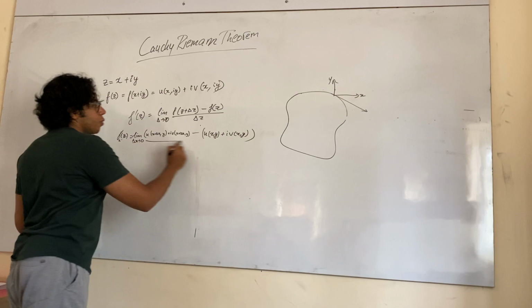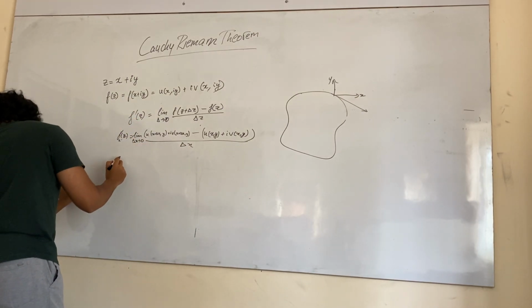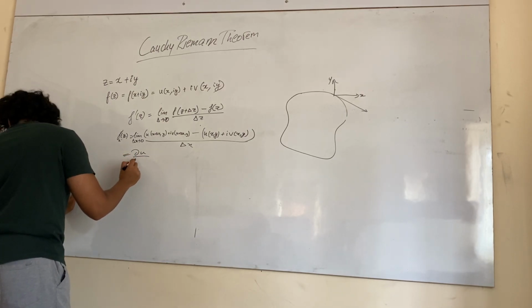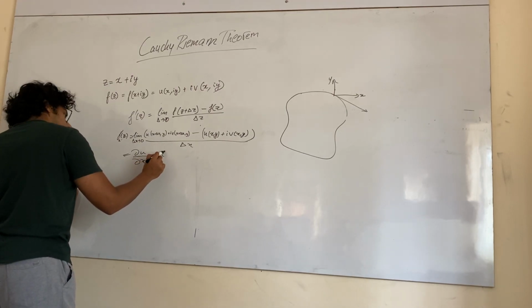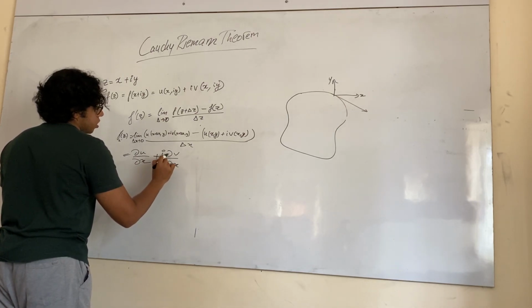So when you divide by delta x, you end up with du by dx plus i dv by dx.